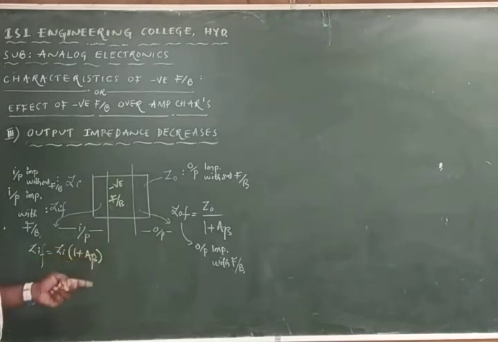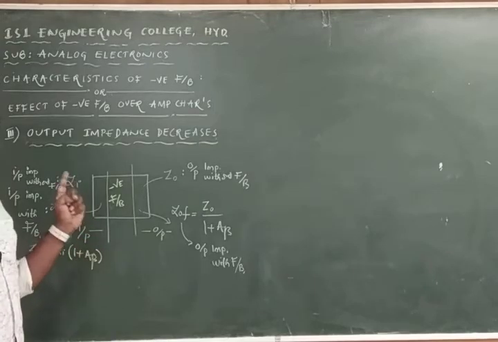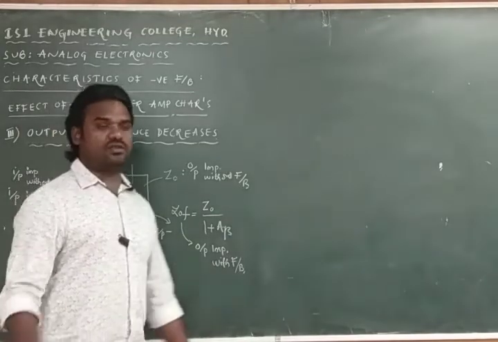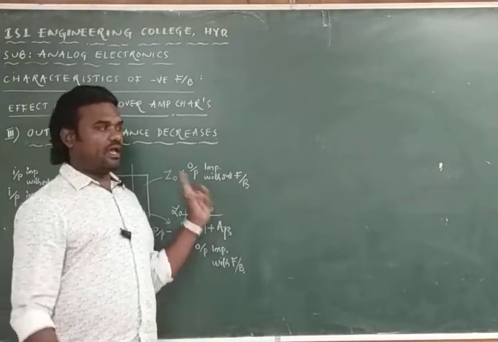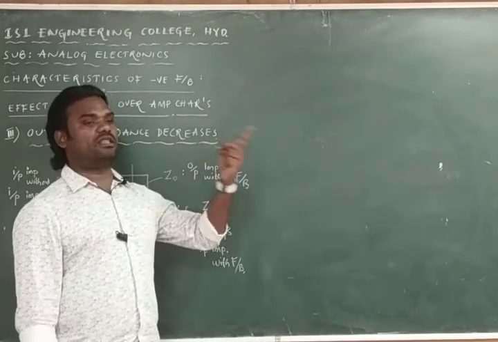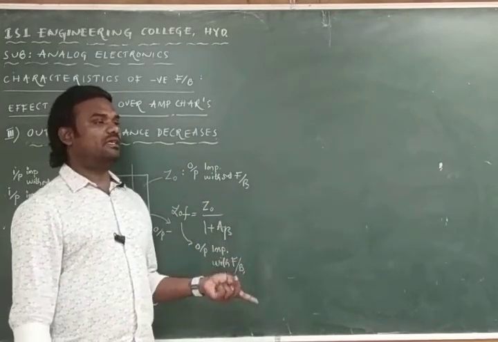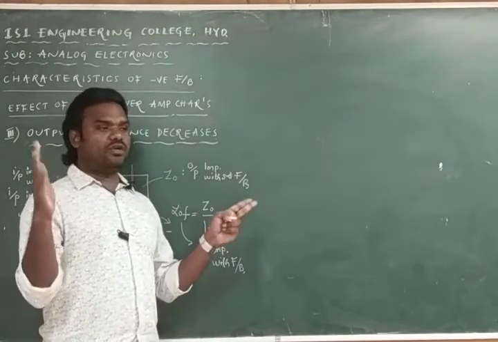This is the complete description of the impedances present in the amplifier section as well as the feedback network. This is for the input side, this is for the output side. So I can conclude one point: the effect of negative feedback over the impedances. Input impedance is going to increase, output impedance is going to decrease.